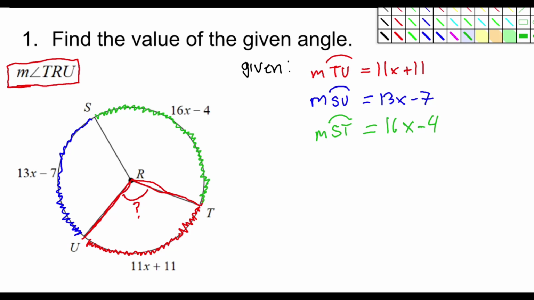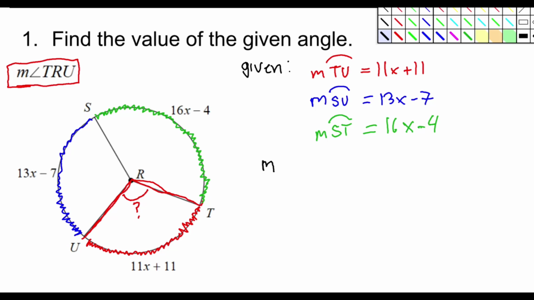All right, so now, what are we going to do next? Now that we know that, we're going to try to figure out, is there some kind of relationship that I can write between all these arcs that I know? Is there some true statement I can write based on this? For instance, if I took the blue arc and the green arc and added it with the red arc, I know what those three add up to. I'm going to write that down.